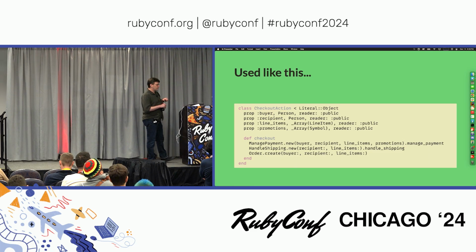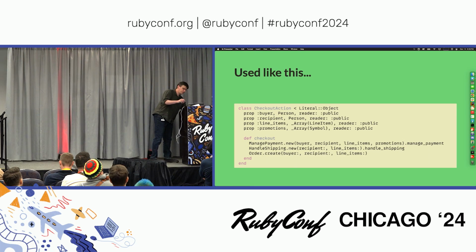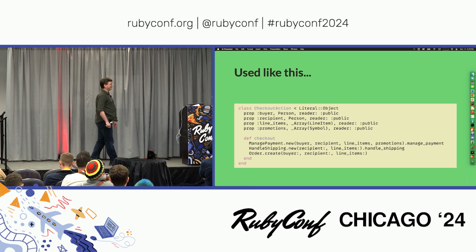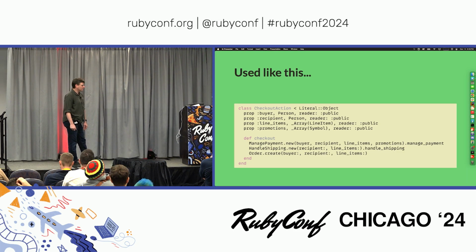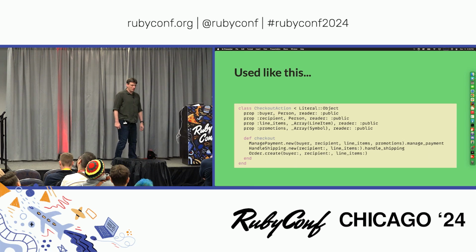It's using a DSL to define which attributes are expected and handled at initialization, and to make assertions about the nature of those arguments and what can be done with them in terms of the reader. Yeah, I think that's about it. Does that make sense to everybody?